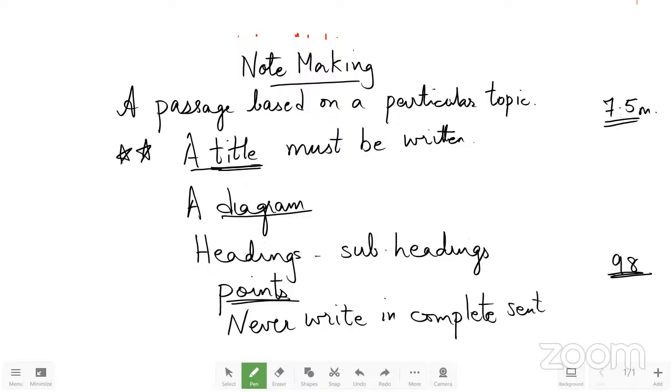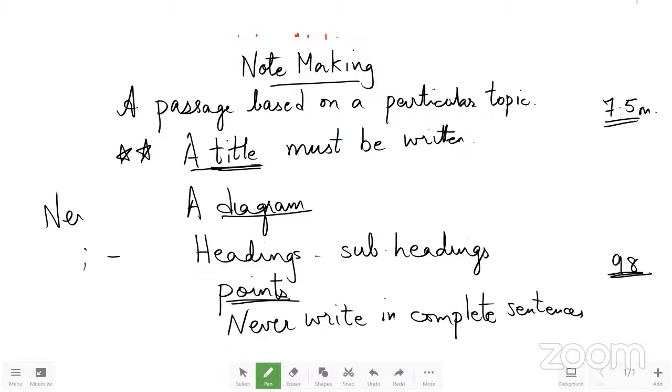You may wonder how. Make use of a semicolon or a hyphen to complete that sentence, for the person to understand what you are going to write. And never write in paragraphs.